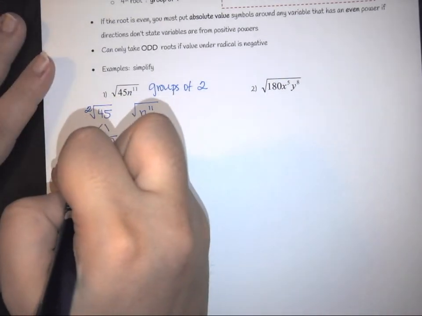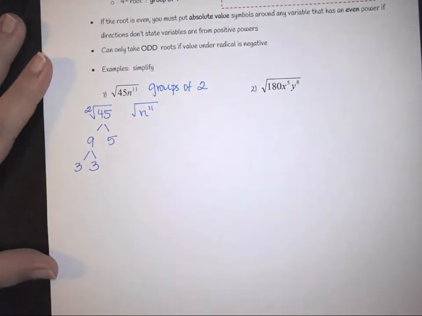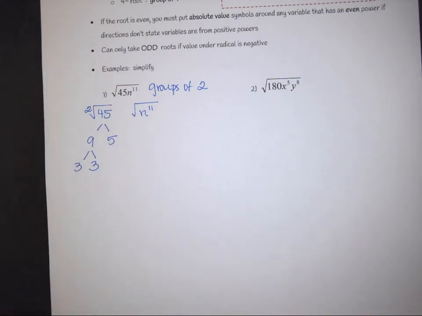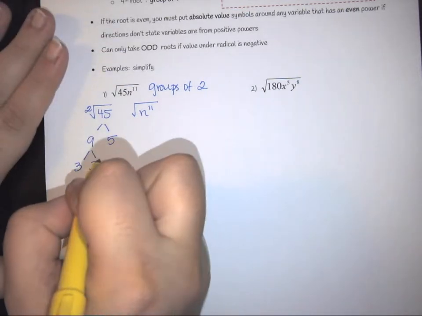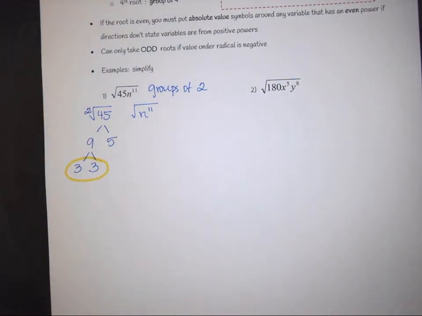Well, I know that 9 can reduce to 3 times 3. So now I have a group of 2 identical terms. Me personally, and this is just my preference, I like to circle my 2 identical terms because that tells me that I'm pulling that value out.